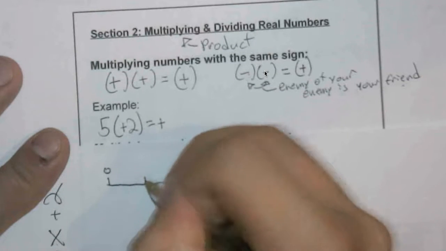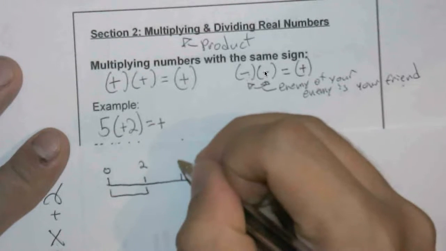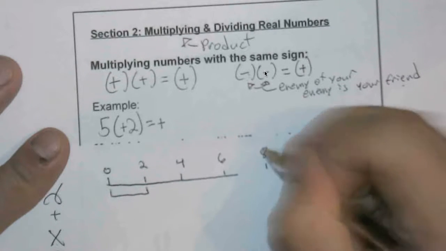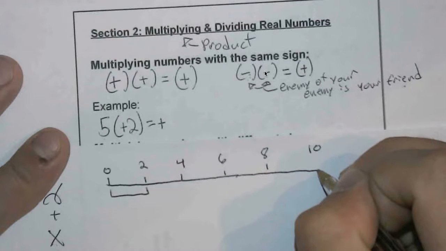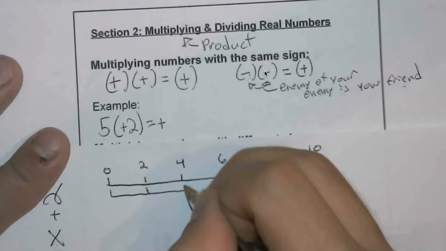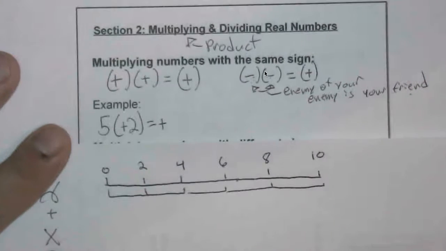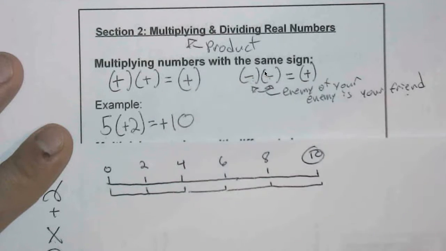So we would have this first version of 2, another version of 2, another version of 2, another version of 2, another version of 2. Notice that in total we have 1, 2, 3, 4, 5 versions of 2, and they're both positive, so this outcome would have to be positive 10.